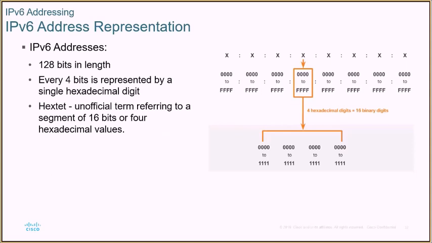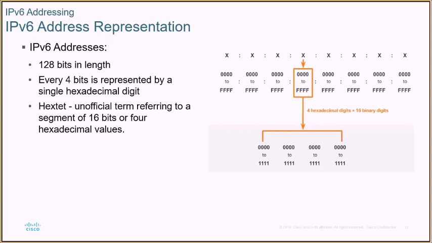So they display them in hexadecimal, which of course is a base 16 number. With that, each character in a hexadecimal number represents 4 bits, from 4 zeros through to 4 ones. So that's 0 to 15 basically.